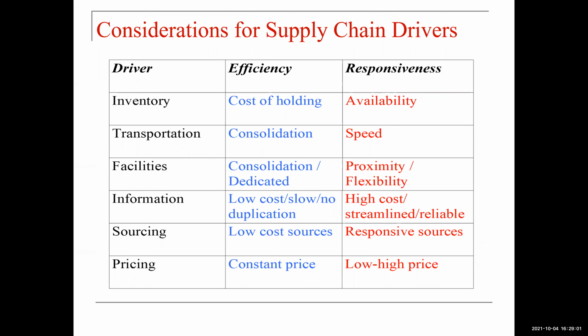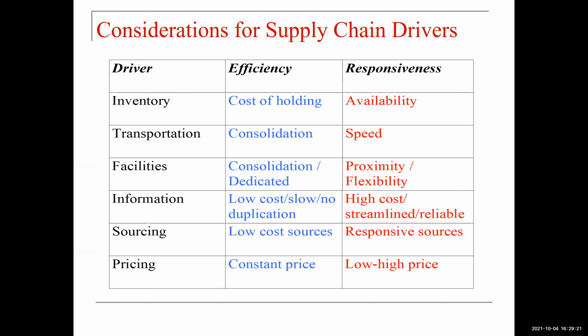Consideration for supply chain drivers. So these are the drivers: inventory, transportation, facilities. So all these three related to facilities design, information sourcing, and pricing. So inventory, so what is the efficiency, the cost of holding, and then the responsiveness, the availability.